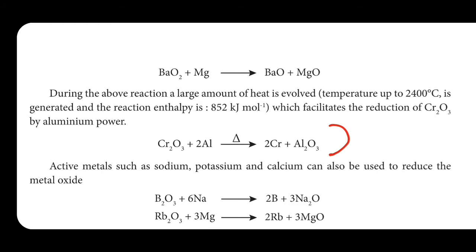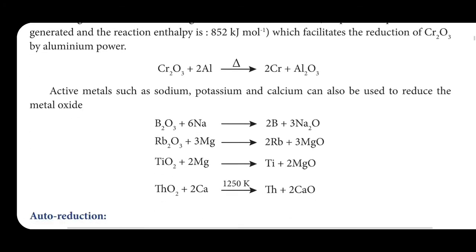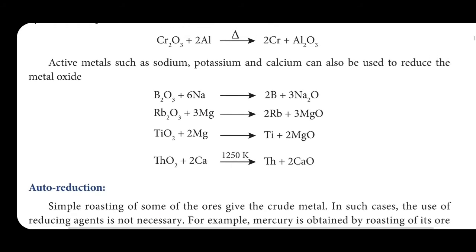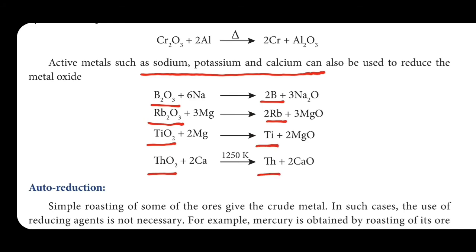Some more examples are given. Active metals such as sodium, potassium, calcium can also be used to reduce the metal oxide. These are all metal oxide, that is metal with oxygen. This metal oxide is reduced to metal, that is oxygen is removed.